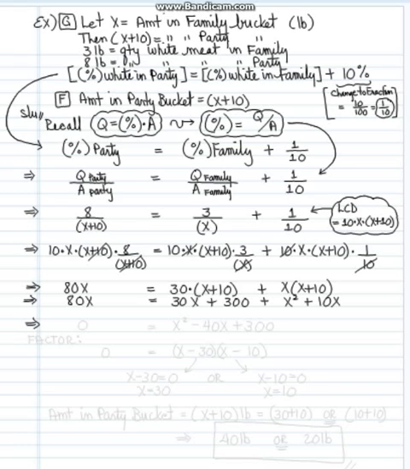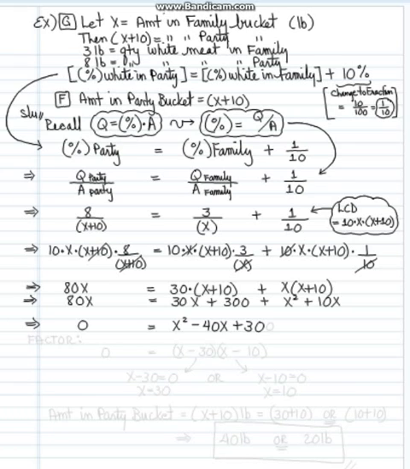I'm going to move it to the side that makes the x squared term positive, so the left side will be 0, equals, and we combine like terms, we'll get x squared. Then we have the 30x plus 10x is 40x, minus 80x is negative 40x, and then we have plus 300. Okay, here's our second degree equation, and we've moved everything to one side.